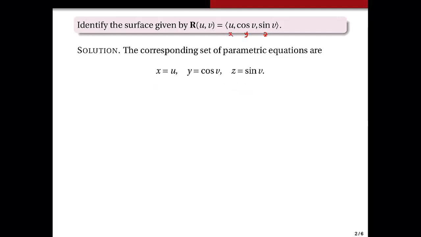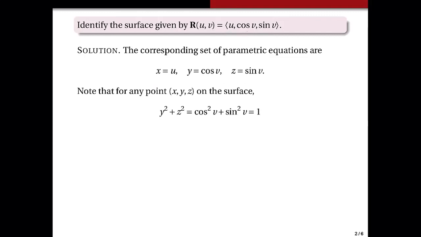Now, for any point x, y, z on the surface, observe that y squared plus z squared is cosine squared v plus sine squared v, and of course by the identity, this is equal to 1. So in here you have y squared plus z squared equals 1.